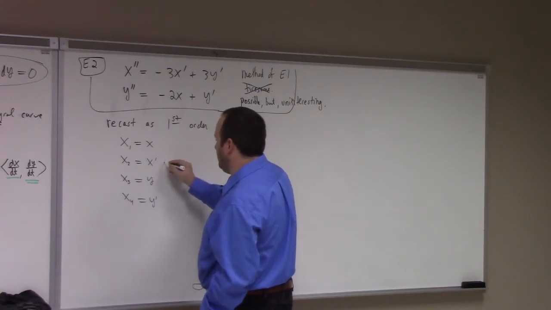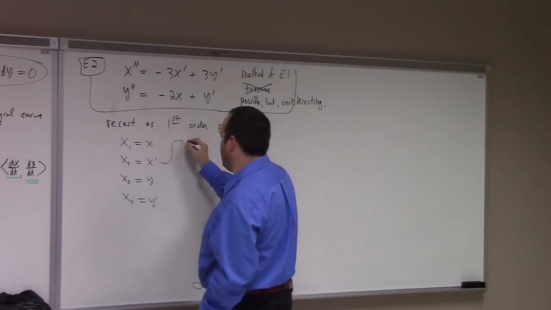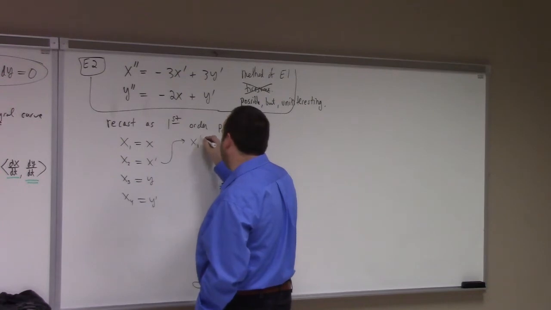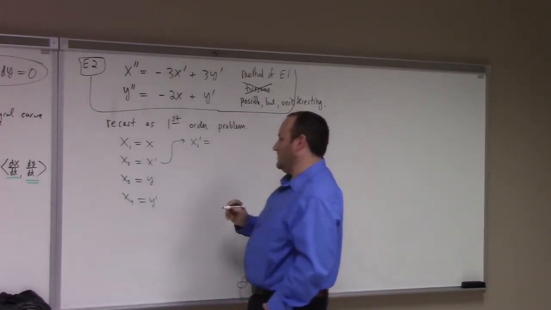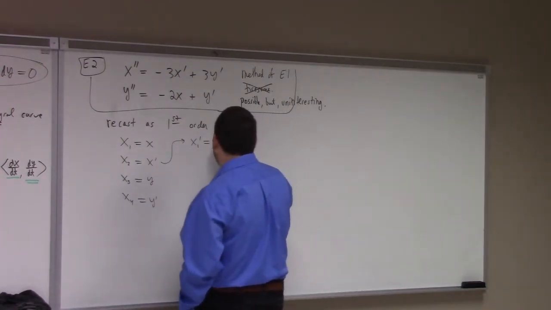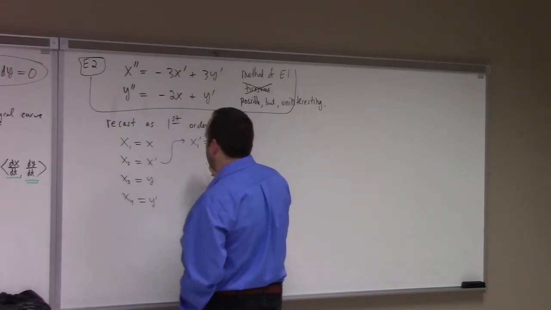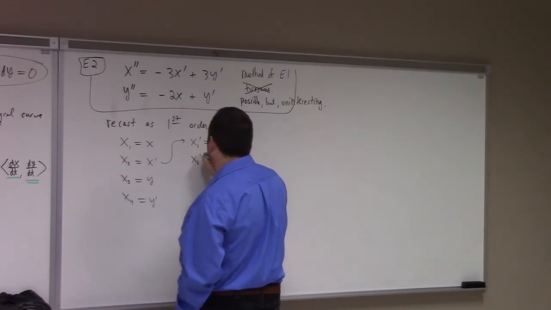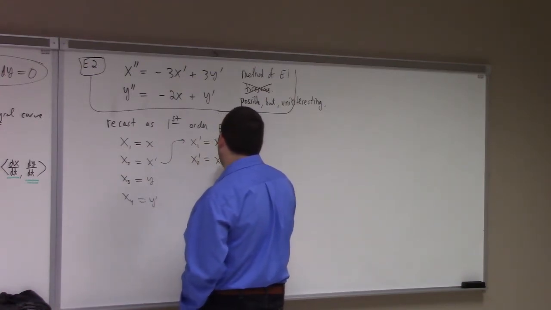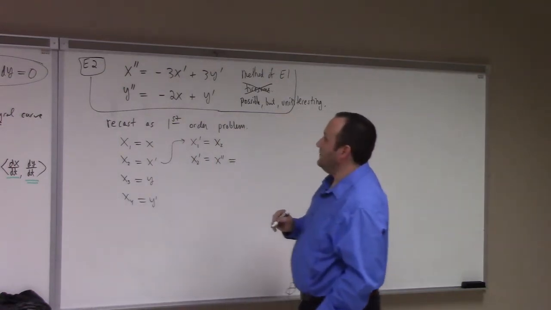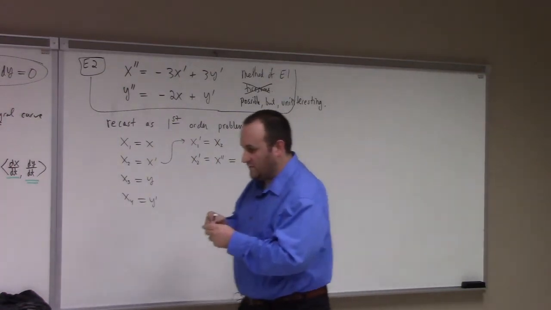Excuse me. So let's see here. x2 equals x prime. What's that say? That says that x1 prime equals x2, right. And what is x2 prime? That's x prime prime, right? Now x prime prime by equation 1 is what?